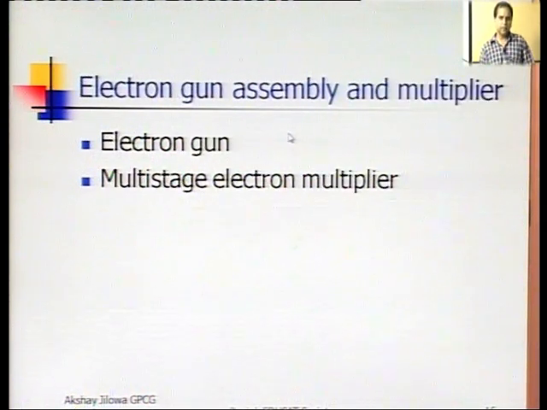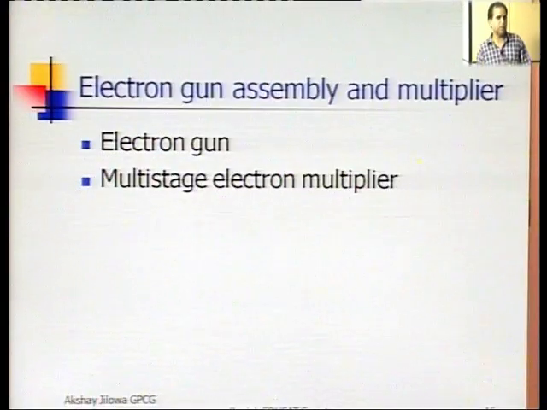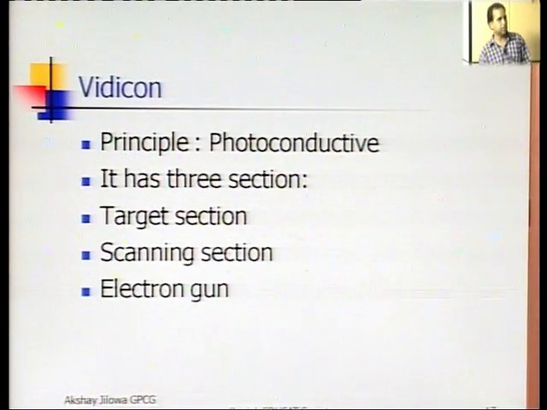Electron gun assembly and multiplier: it consists of an electron gun and a multi-stage electron multiplier. Electron gun is something from where electrons are generated, and the multi-stage electron multiplier is how the electrons can be multiplied.